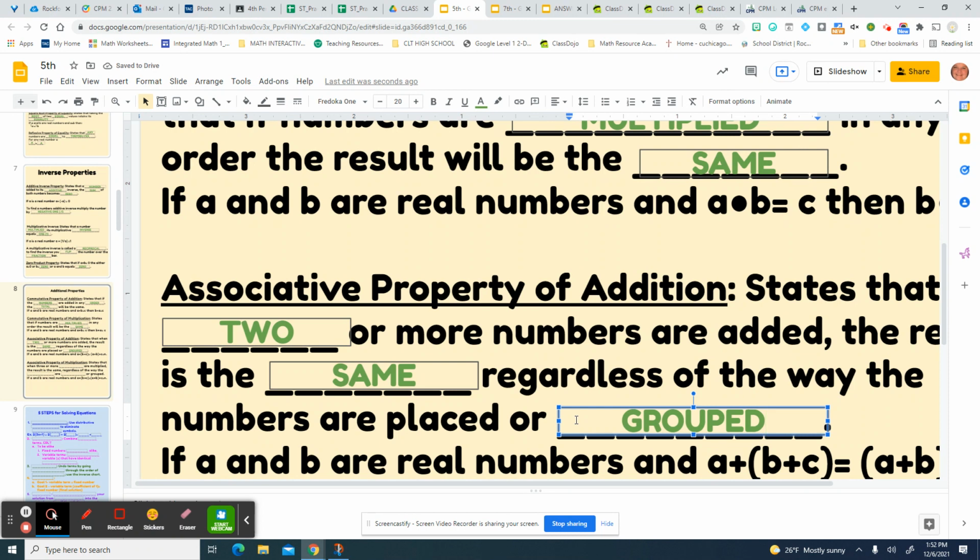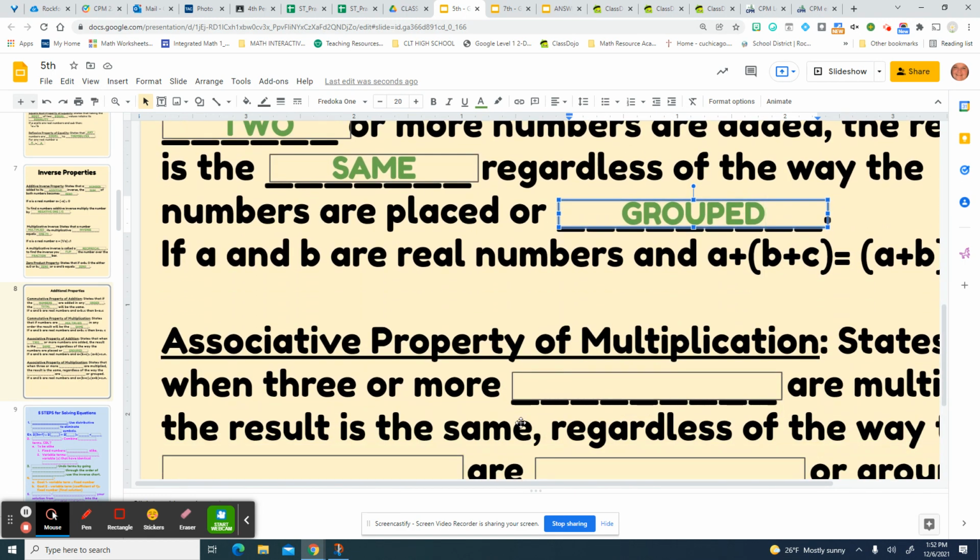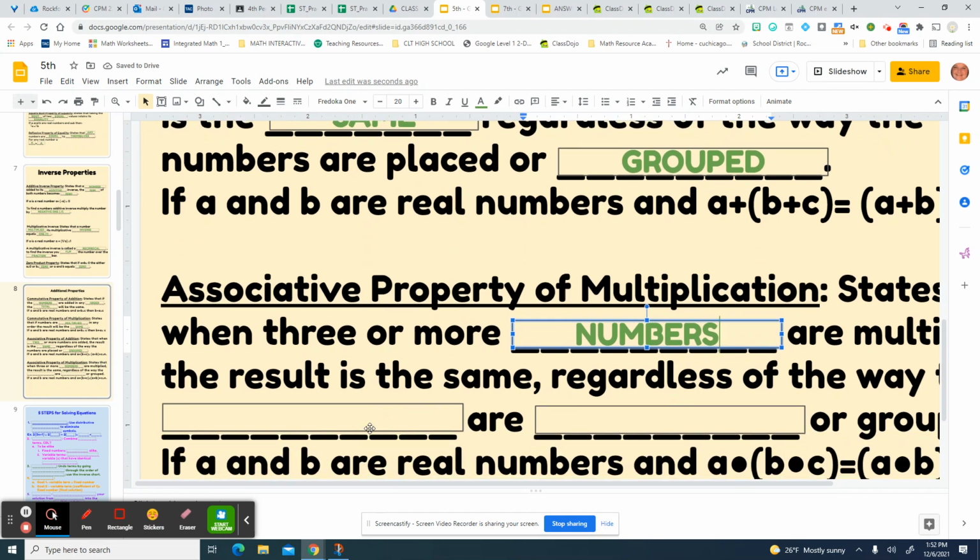So if A, B, and C are real numbers, A plus the grouping of B plus C must equal the sum of A plus B plus C. And the associative property of multiplication states that when three or more numbers are multiplied, the result is the same regardless of the way the numbers are placed or grouped.